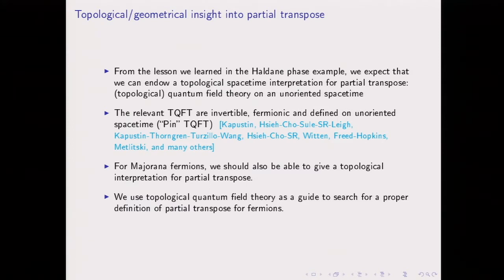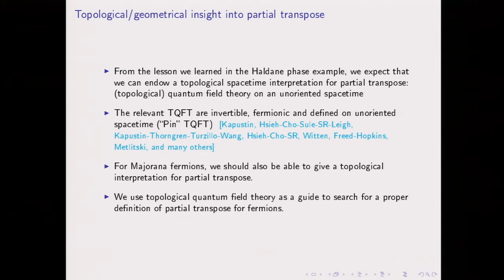The lesson we learned from the bosonic example, the Haldane chain, is that we should be able to use some sort of partial transpose operation to define the topological invariant. We should have the ability to change the space-time topology such that you get a space-time manifold which is unorientable.